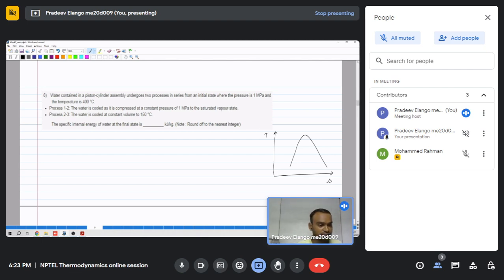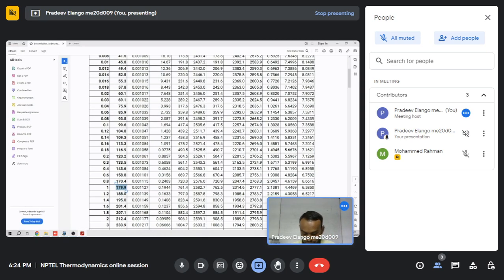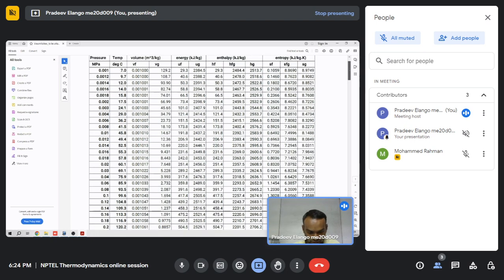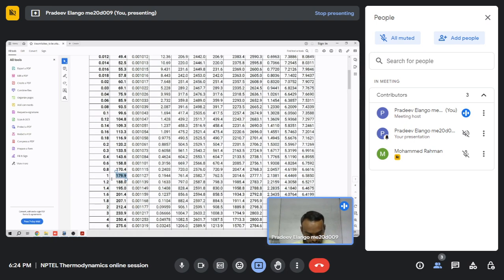So that means initially it was at superheated state, or we can also go through the steam tables and check. Like 1 megapascal, the saturation temperature is 180 degrees Celsius, so like 179.7, and that means 400 degrees Celsius steam is superheated state.